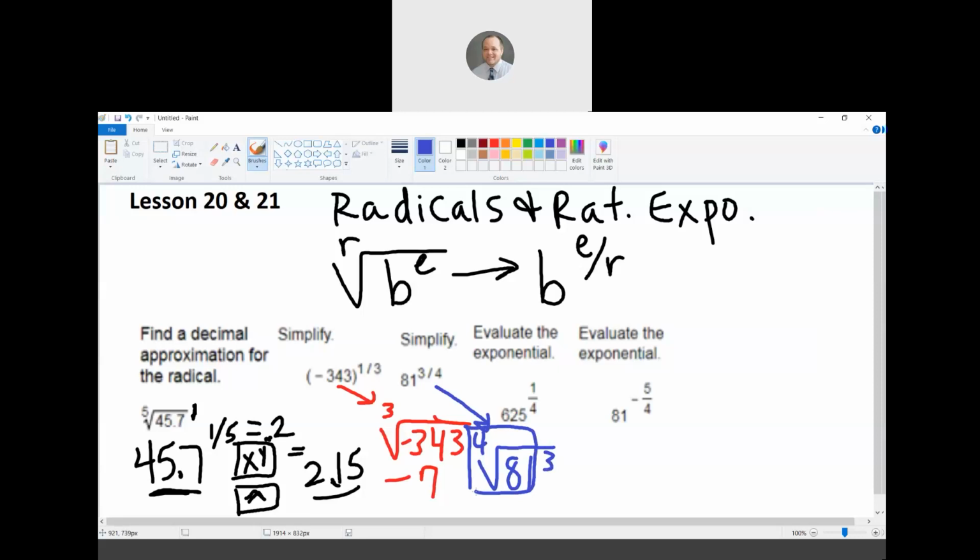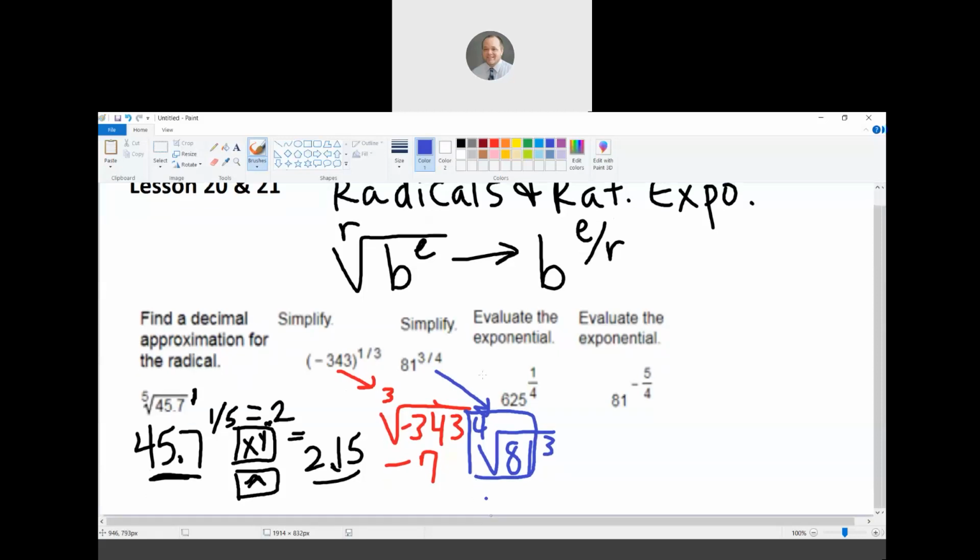That means you find the fourth root of 81 first, and all you do is ask yourself, what number can you multiply 4 times to give you an 81? It's going to be a really small number. It's actually going to be 3. So this part here is 3. Now we need to cube this. So 3 cubed will give you 27 for that answer.